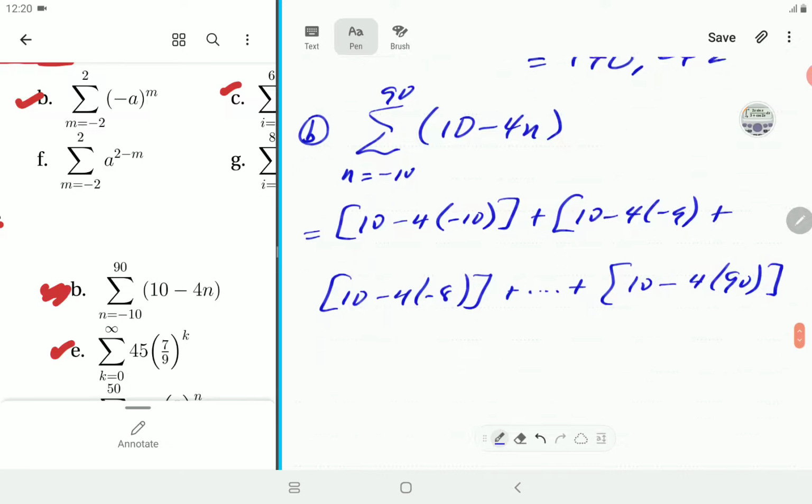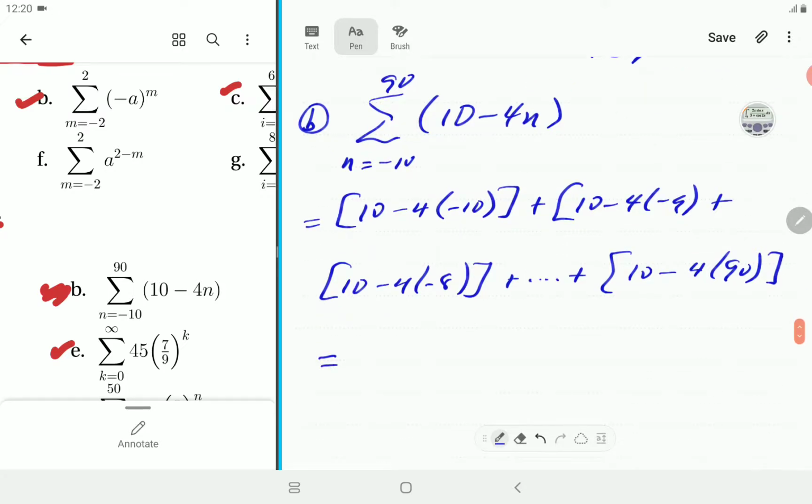Okay, then we evaluate these. 10 minus 4 times negative 10 is going to be 40. This becomes plus 40 plus 10, so that's going to be 50. This one is going to be 4 times 9 is 36 plus 10, so that's going to be 46.